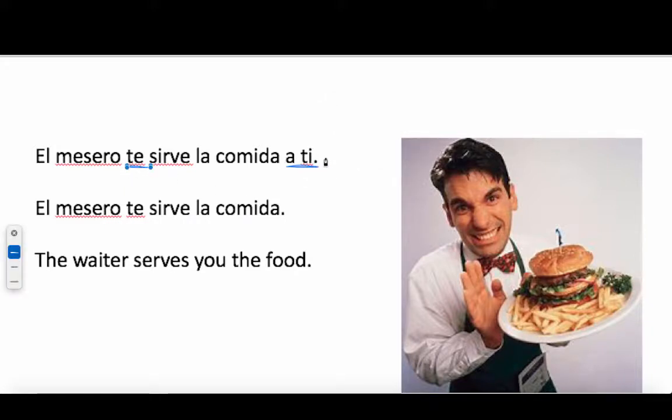This is called the prepositional phrase or clarification phrase, and this is called the indirect object pronoun, which is located right in front of the verb to serve. In this second example, el mesero te sirve la comida, we have the indirect object pronoun right in front of serve, which remember the indirect object is you because it's for whom or to whom the food is being served.